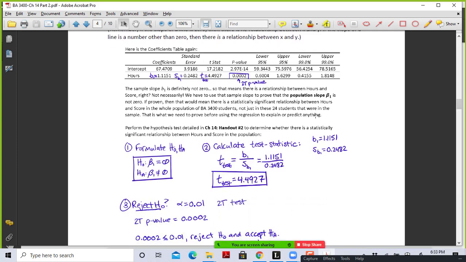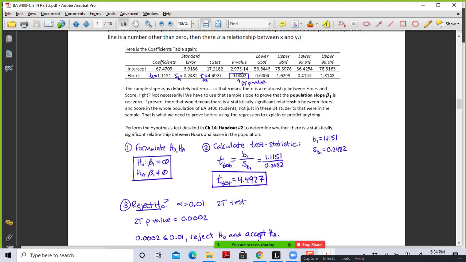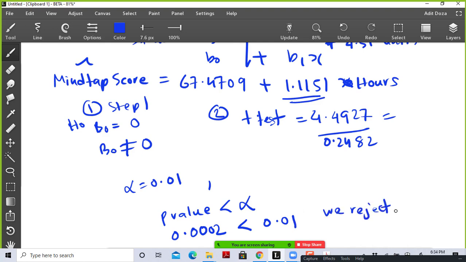It's 0.0002, right? The alpha significance level was 0.01, and the p-value from our question we got is 0.0002. Because our p-value is lower than the alpha, that means we reject the null. What does it mean? That means the alternative is true, so accept HA.